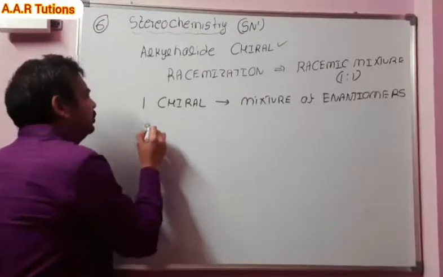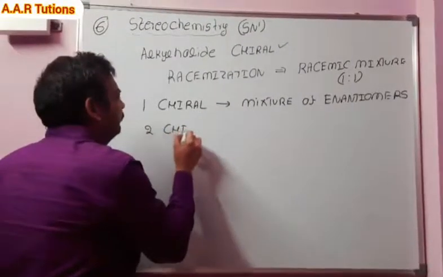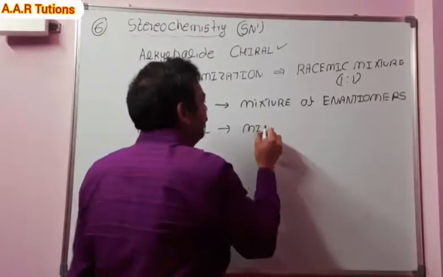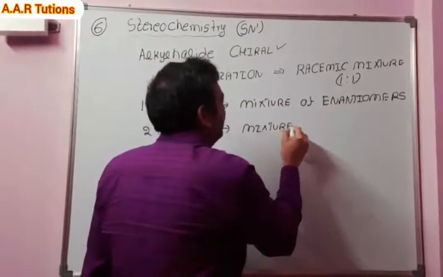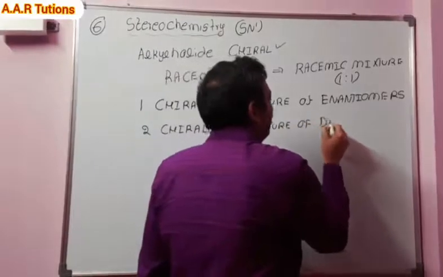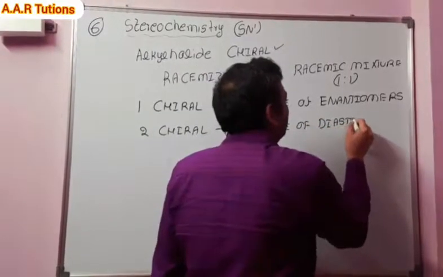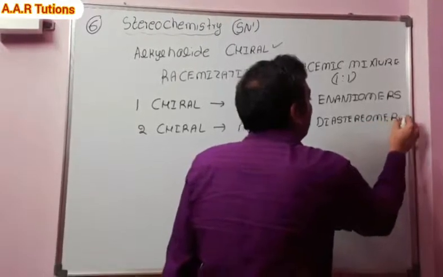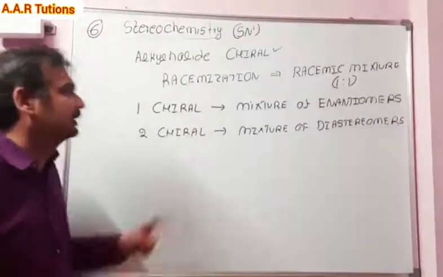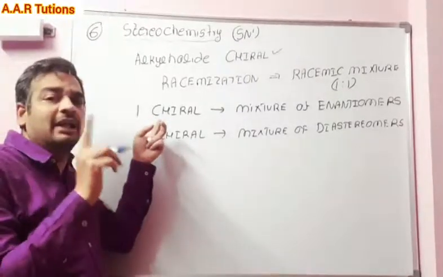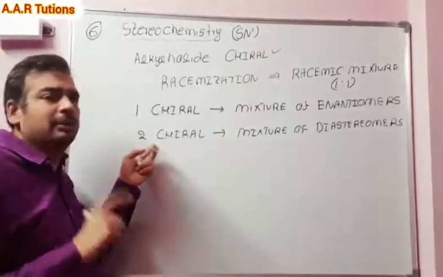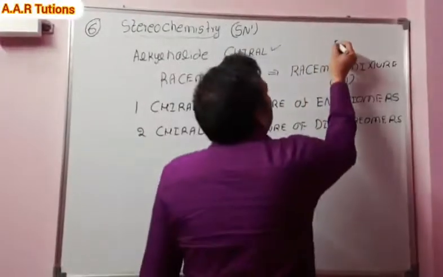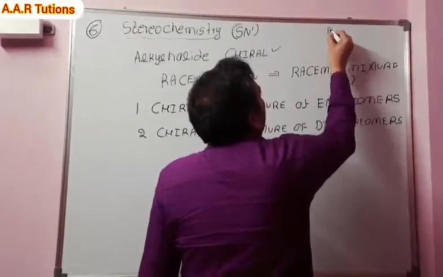If you take two or more chiral carbons, we will get a mixture of diastereomers. Chiral means a carbon attached to four different groups.